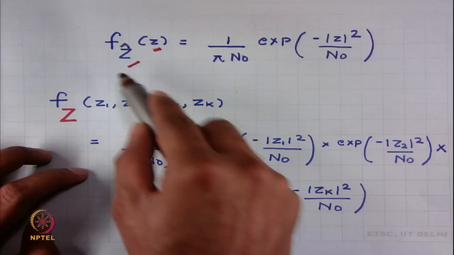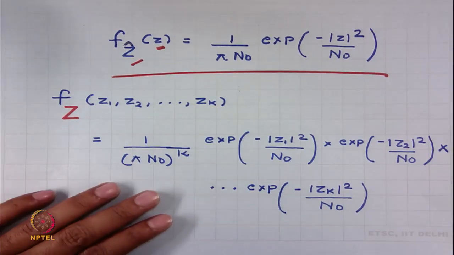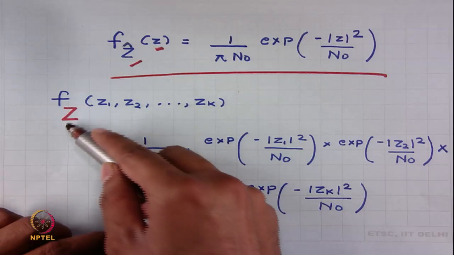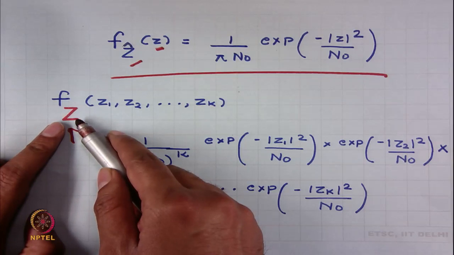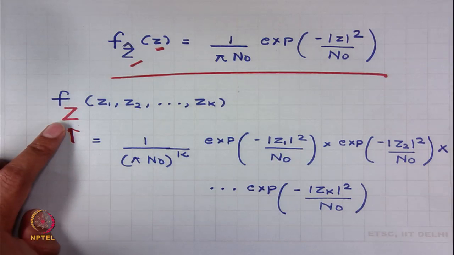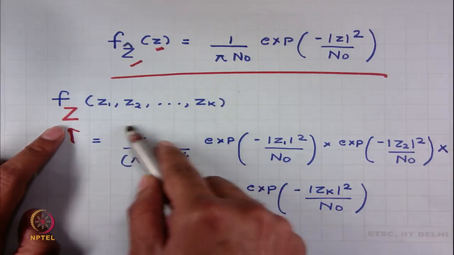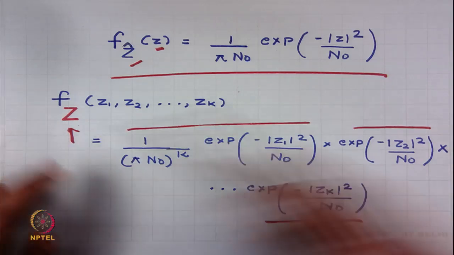Having obtained the PDF of one proper complex Gaussian random variable, we can easily obtain the PDF of the Gaussian random vector z. This Gaussian random vector z is composed of k independent proper complex Gaussian random variables, and hence its PDF can be obtained by multiplying the marginal PDFs of these k variables.